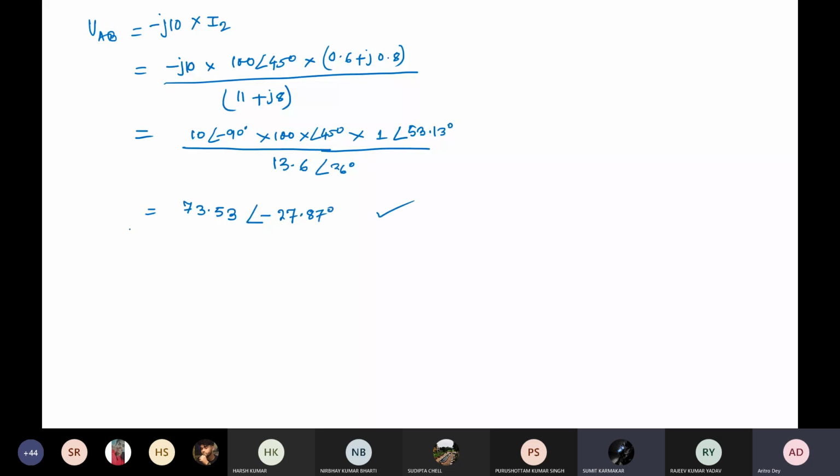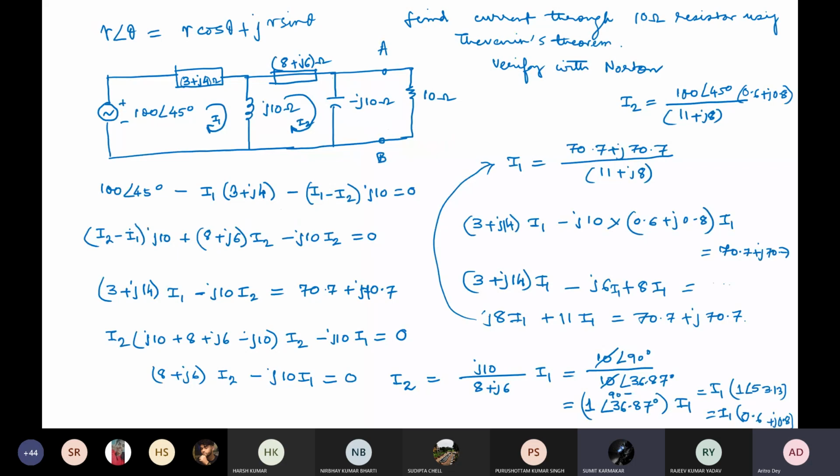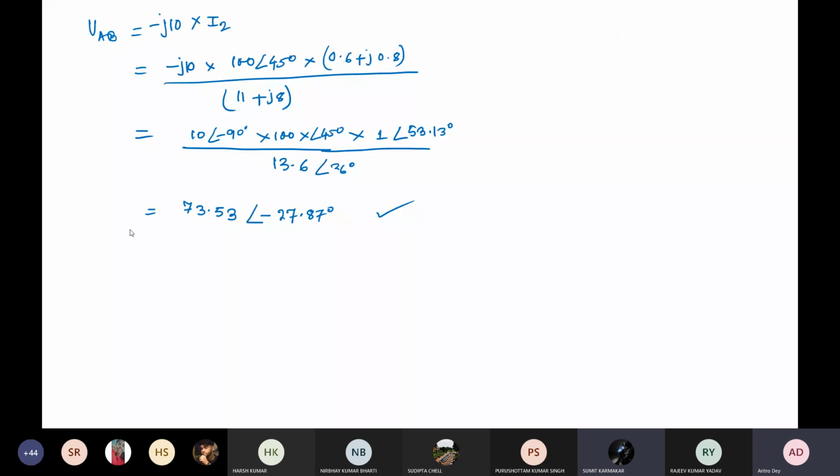Then you have to find out your RTH. So to find out RTH, you have to get the parallel combination of all these impedances. So for that, what to do? Let me draw it again.